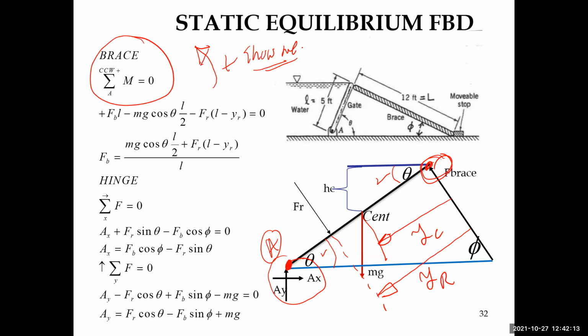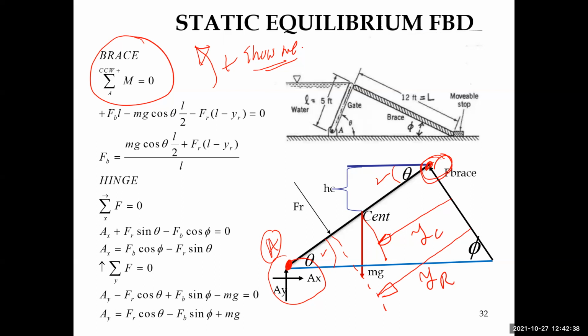But first let's review the definition of a moment. A moment is defined as the product of the magnitude of the force times the perpendicular distance to the point of rotation. The word perpendicular is what's important there.